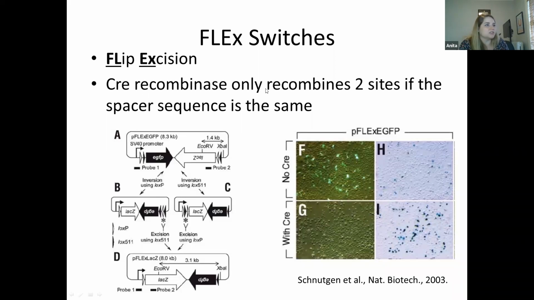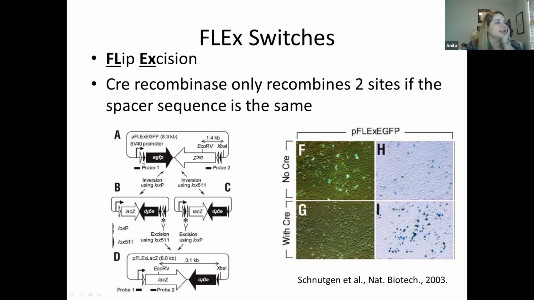As I mentioned on the previous slide, Cre recombinase only recombines two sites if the spacer is the same. In this paper, Schnütgen in 2003, they put two genes in opposite orientation and inverted the LOXP sites, but put them in different orders.